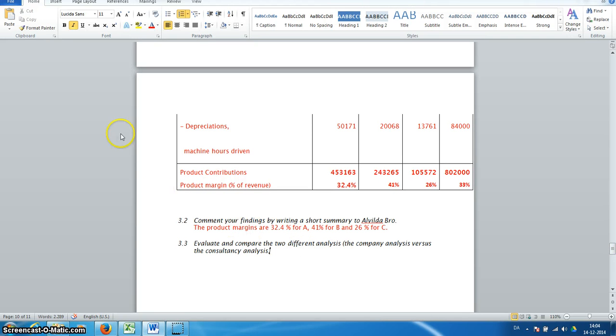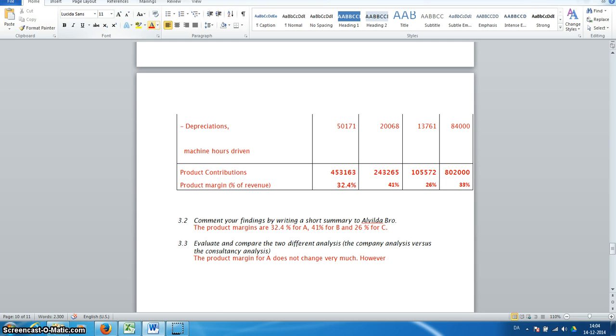We have to evaluate and compare the two different analyses, the standard costing versus the activity-based costing analysis. And what we can say is that the product margin for A does not change very much.